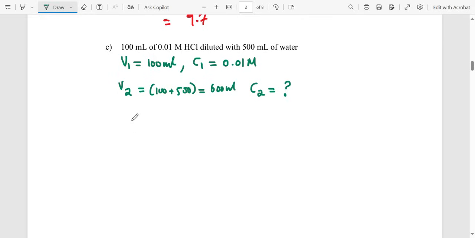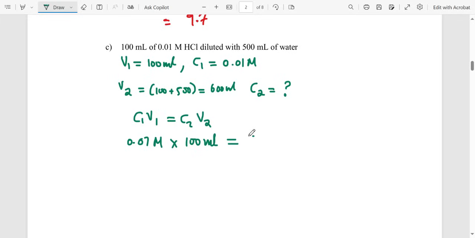So when you use the dilution formula, C1 V1 is equal to C2 V2. So C1 here is 0.01. Now this is in molar. I'll multiply by V1. I'll not even convert to liters because I know the mL will cancel out.